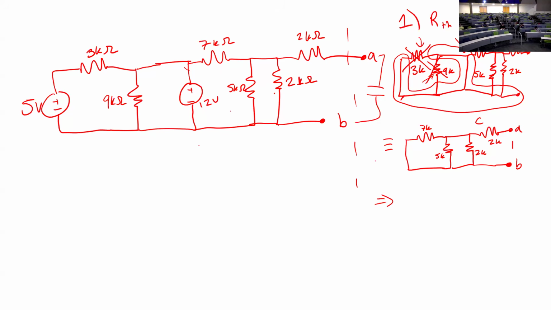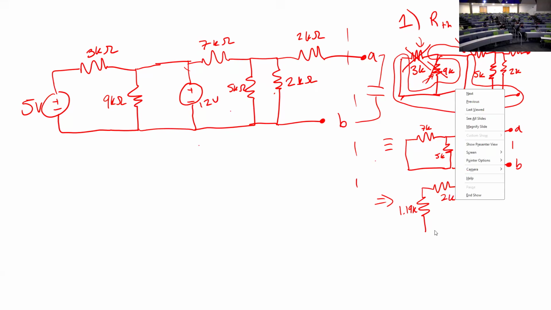So if I were to look at this, it's 1 over 7 plus 1 over 5 plus 1 over 2, which if we give that an inverse, that gives me 1.186 kiloohms, 1.19, in series with my 2 kiloohm.